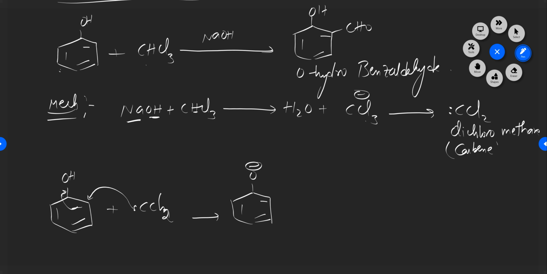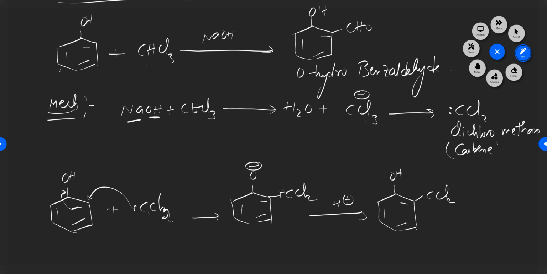It will be CCl2. And here hydrogen is there. That hydrogen is going to attack on the carbon. It forms CHCl2. Through that protonation, it is going to form, sorry, phenol. It will be CCl2, CHCl2.